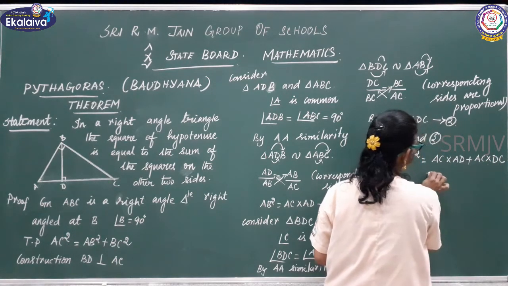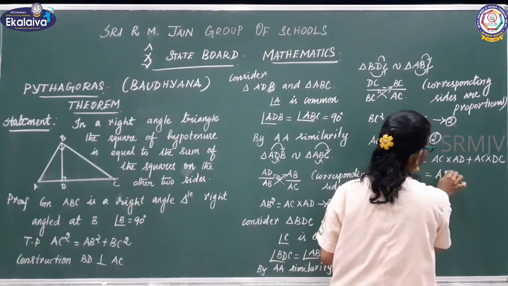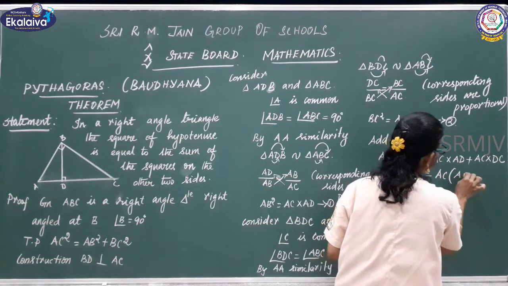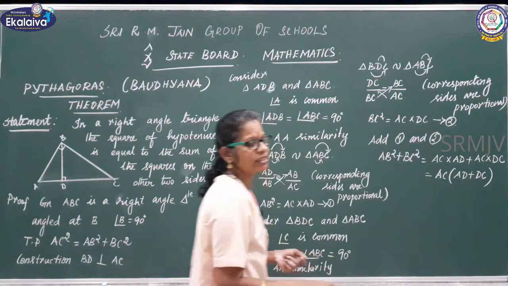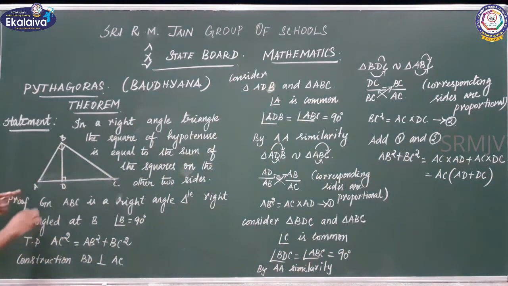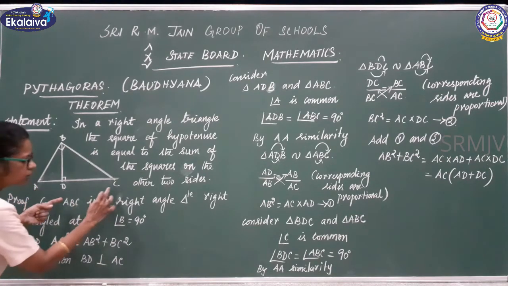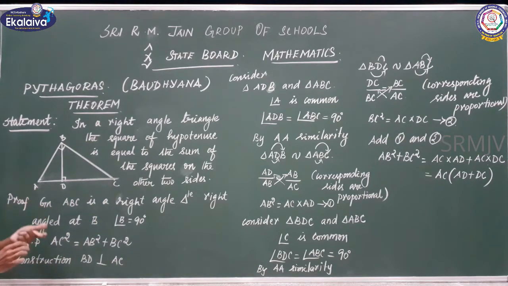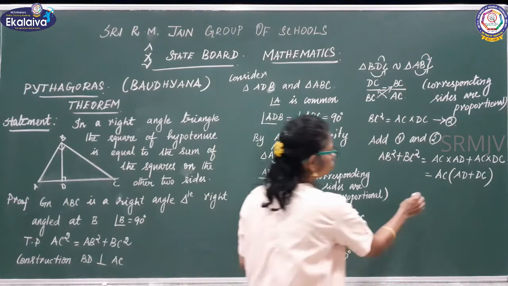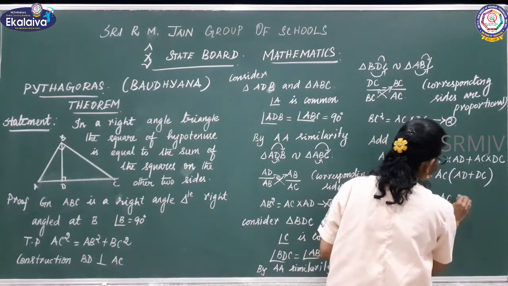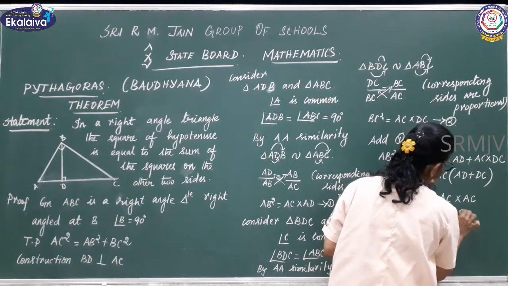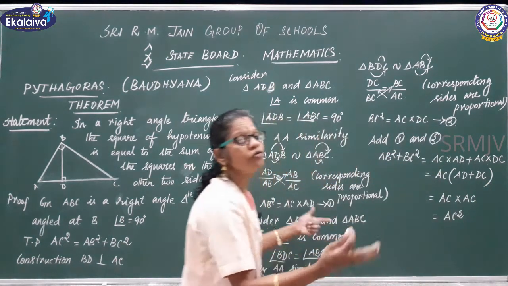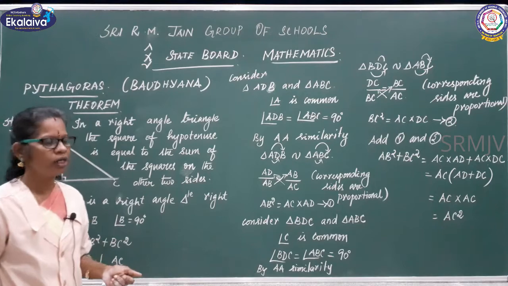Which is common here? AC is common. Then the rest you should write inside the bracket, that is AD plus DC. Now you come to the diagram. AD plus DC, what does it represent? AC. AC into AC, AC square, right? Now we proved the Pythagoras theorem, right?